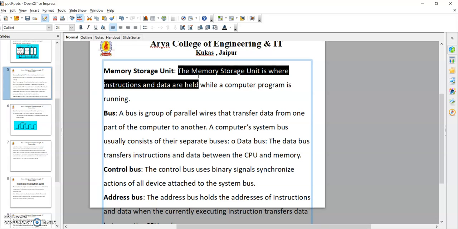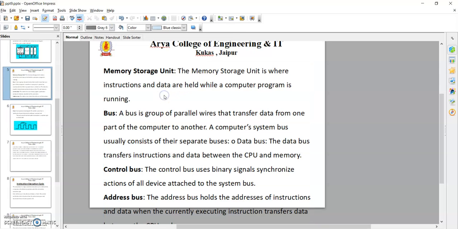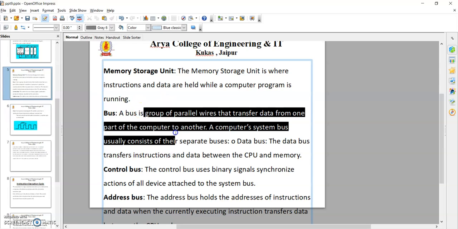If we talk about the bus, what is a bus basically? It is a group of parallel wires that transfers data from one part of the computer to another, and a computer system bus usually consists of separate buses.